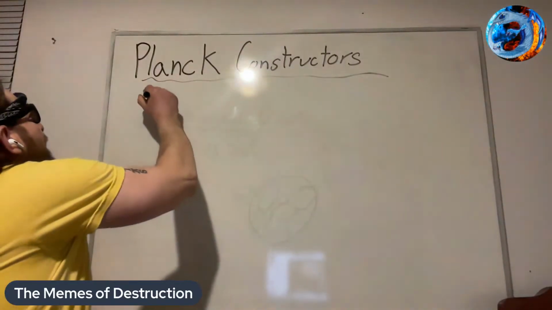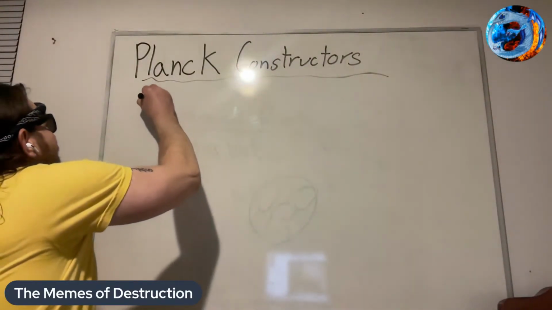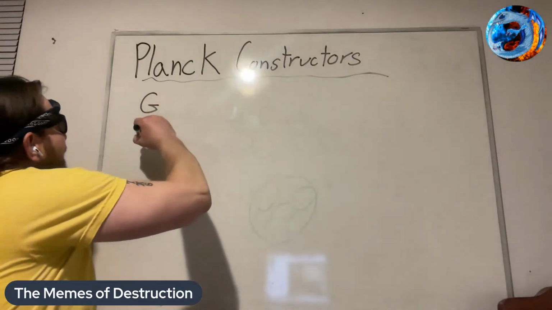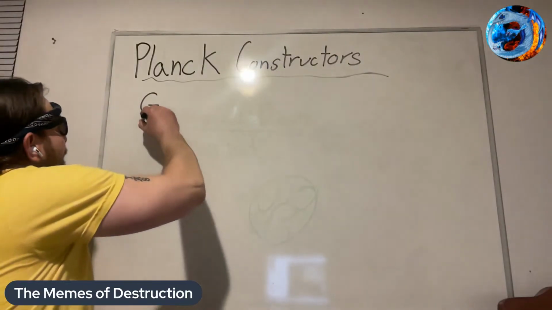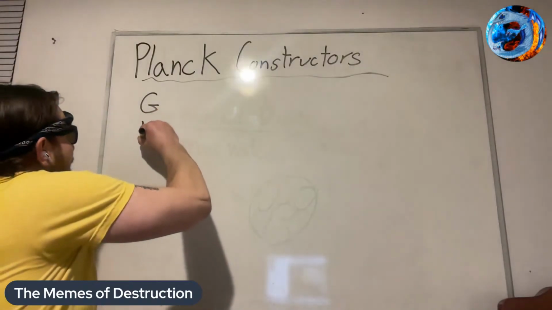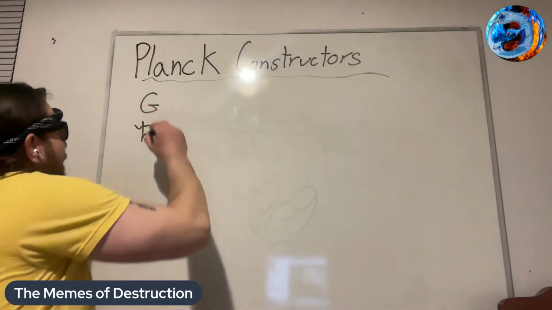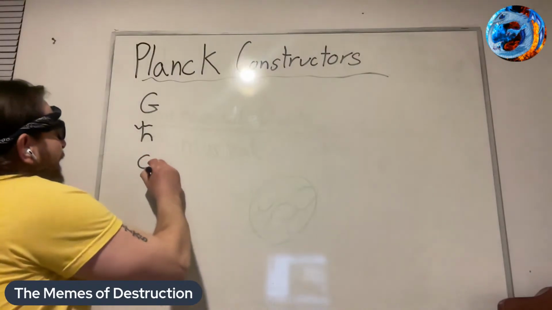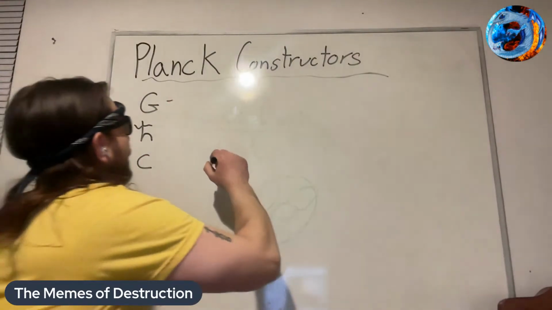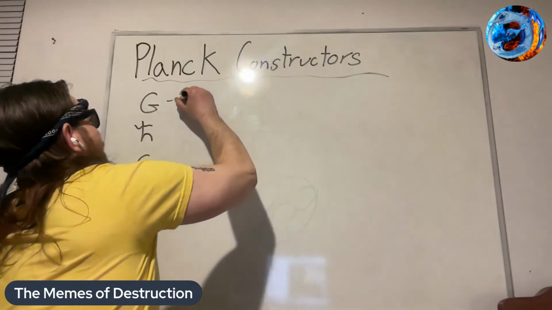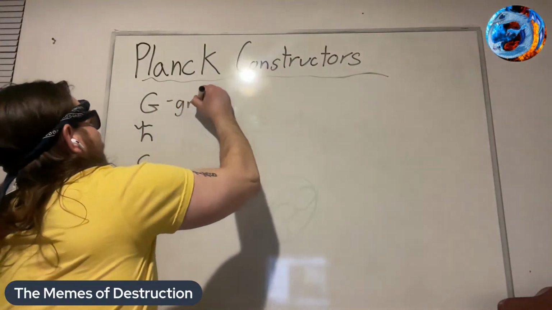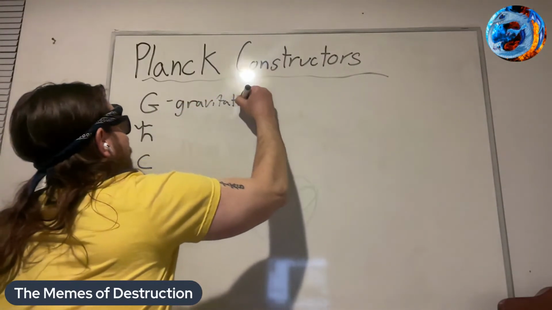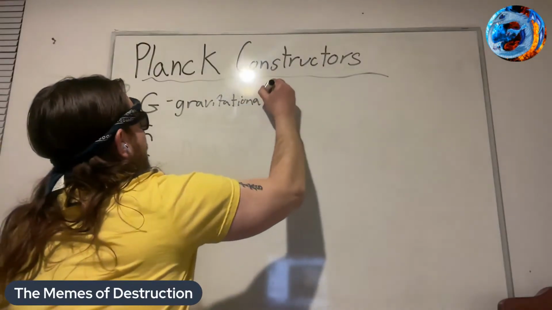So we got 3. You got our big G, we got H bar, a little thingy over there, and then we got C. All right. So this is the gravitational constant.